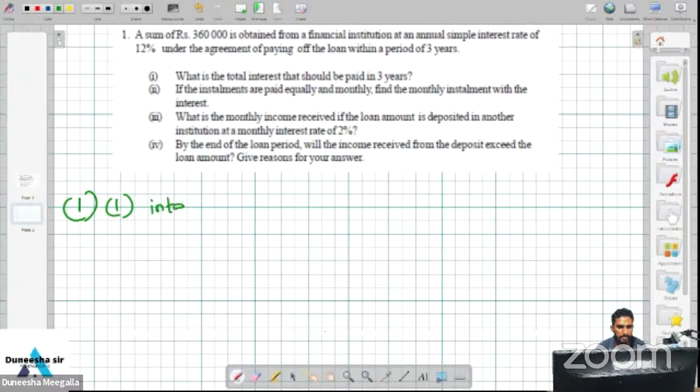Interest equals capital multiplied by percentage of interest multiplied by time. Okay, what is the capital now?